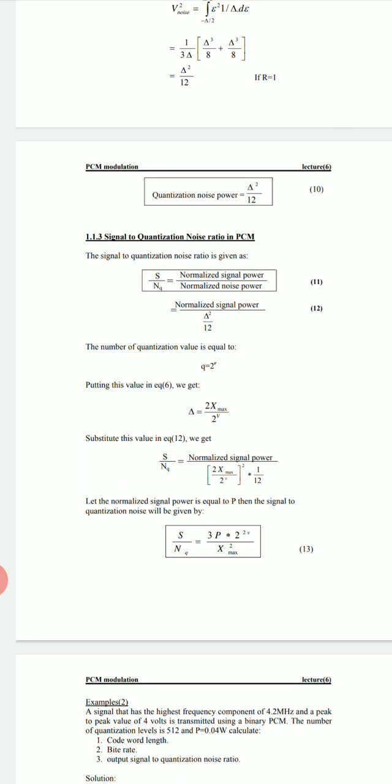Now we have the signal to noise ratio, which is nothing but normalized signal power upon normalized noise power. Noise power is delta square by 12. Delta we can write as 2x max upon 2 raised to V, whole square.